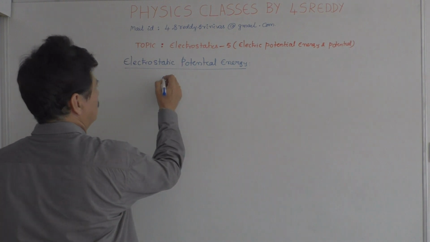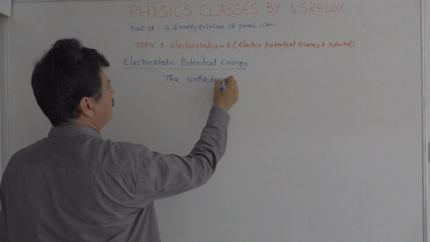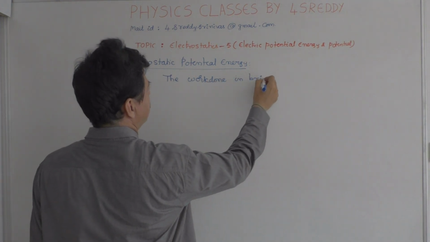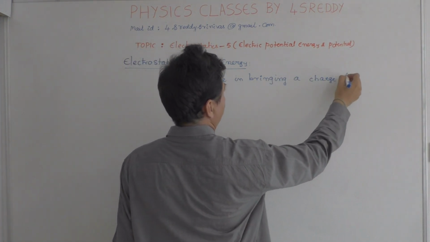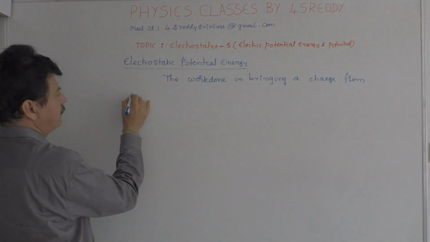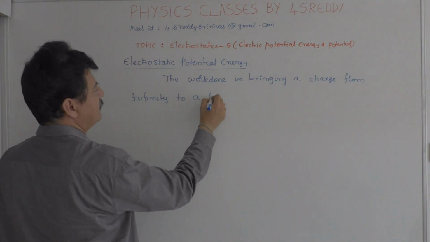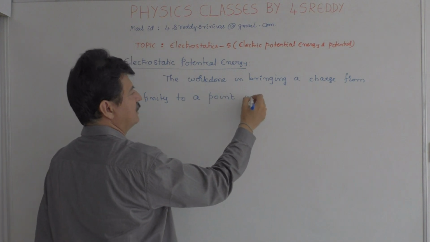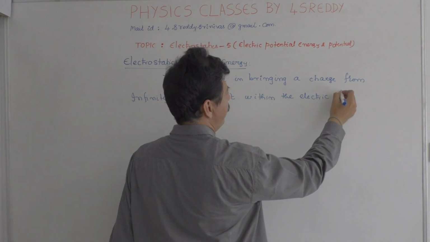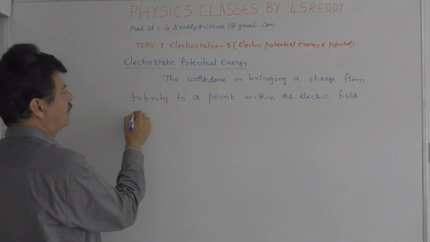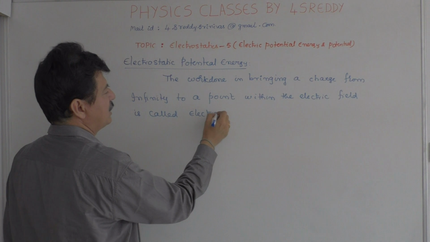So, electrostatic potential energy means the work done in bringing a charge from infinity to a point within the electric field is called electrostatic potential energy.